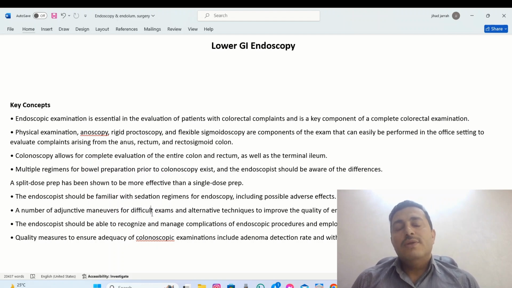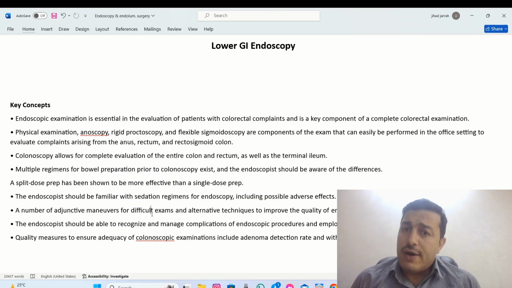And if we want to move a step forward, we are talking about endoluminal surgery, which is performed by endoscopic techniques: proctoscopy, anoscopy, sigmoidoscopy, flexible or rigid, and colonoscopy. So we are going to review these modalities of diagnosis and treatment.